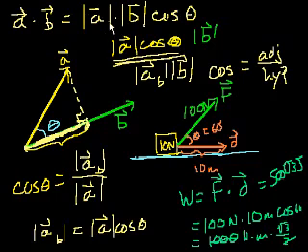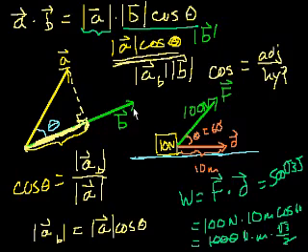Now you could interpret it the other way. You could say this is the magnitude of A times B cosine of theta. And that's completely valid. And what's B cosine of theta? If you work this out as an exercise for yourself, that's the amount of the magnitude of the B vector that's going in the A direction. So it doesn't matter what order you go. When you take the cross product, it matters whether you do A cross B or B cross A. But when you're doing the dot product, it doesn't matter what order.